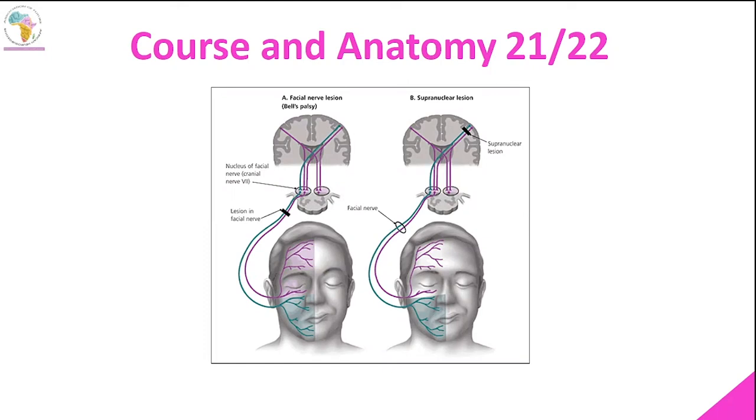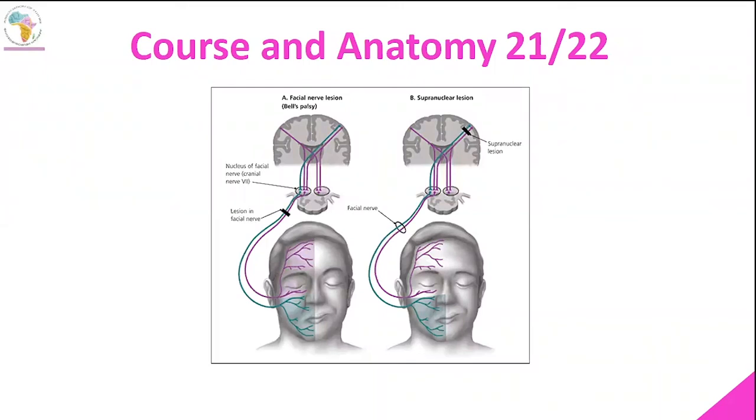That part is affected, but it's weak because the other side is compensating. But the fibers going to the lower part come from one side and are affected, so the mouth is deviated.